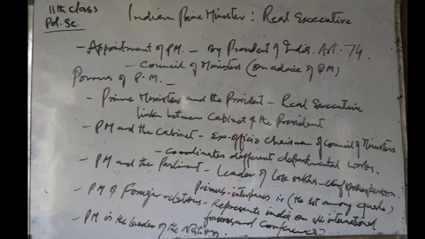Actually, the leader of the majority party in Lok Sabha is appointed as Prime Minister. In case there are more than one claimants for majority support in Lok Sabha, then it is the discretion of the President to whom he may appoint the Prime Minister.